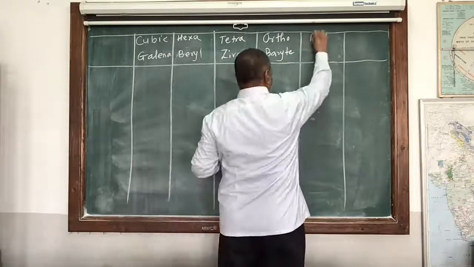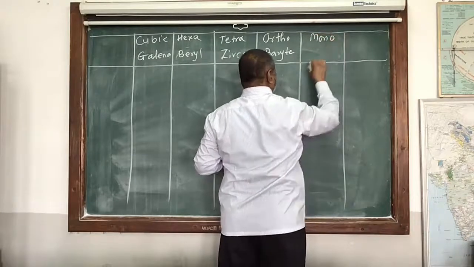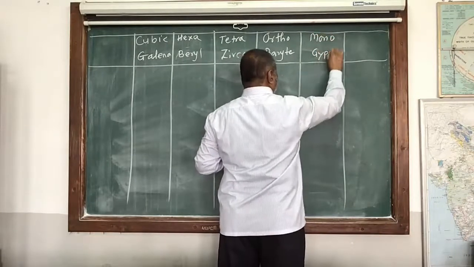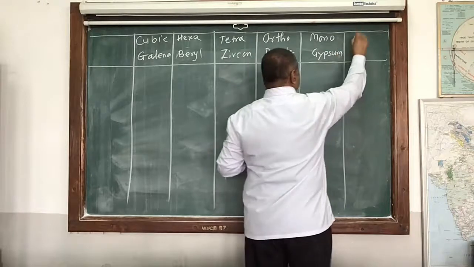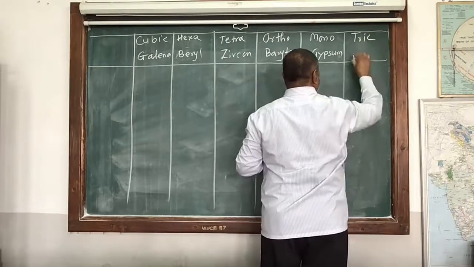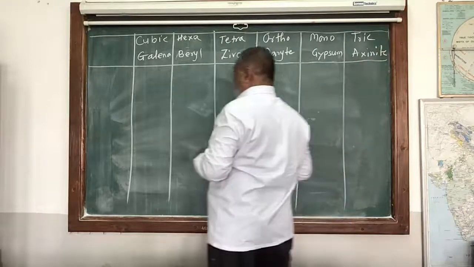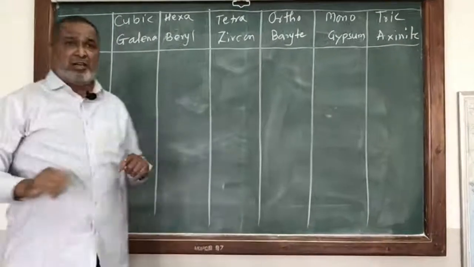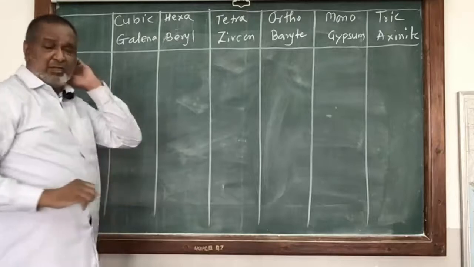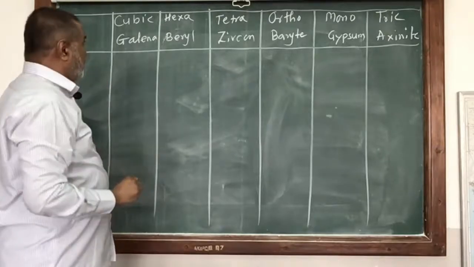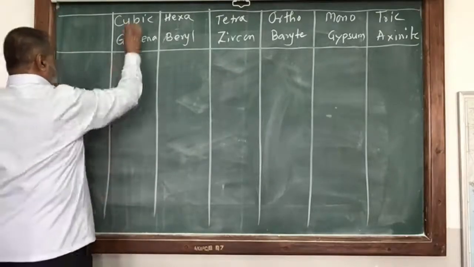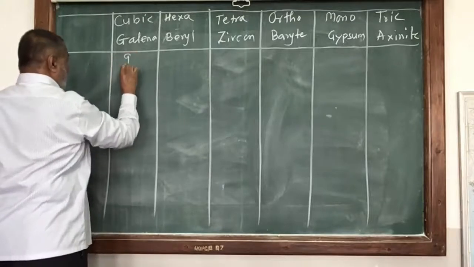Then the next one, monoclinic system, gypsum type. And the last one is the triclinic system, axinite type. So these are the common, normal systems.